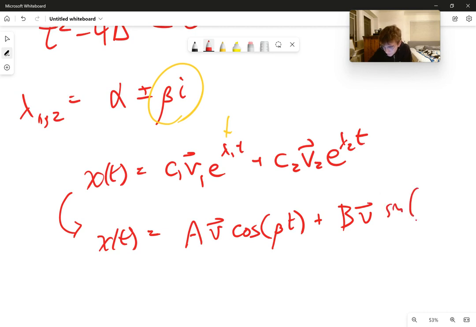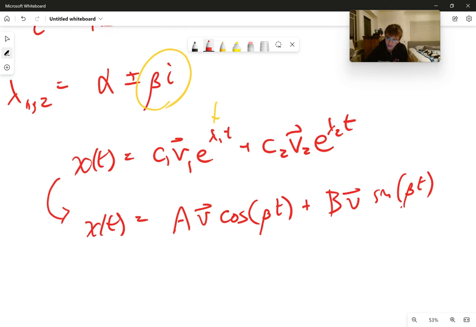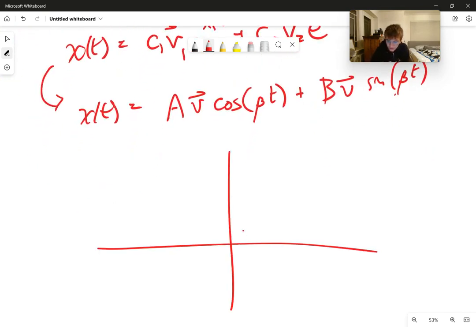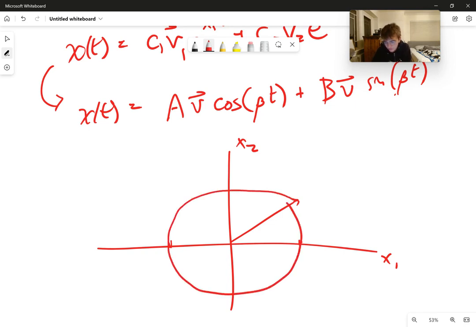sine of beta t. Okay, and so the idea is that if it's entirely imaginary, then if we start at some initial data, the solutions will oscillate in x1 and in x2. Okay, so both coordinates will be essentially linear combinations of sines and cosines, and so x1 is going to oscillate back and forth here, and so is x2, right?